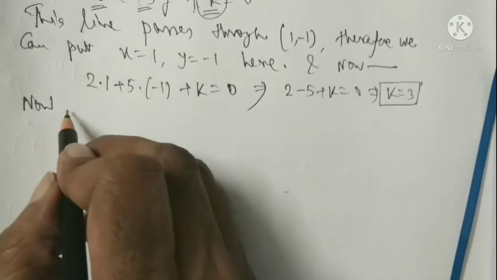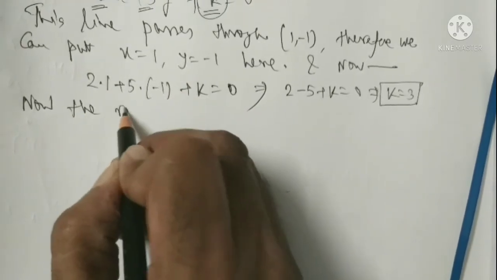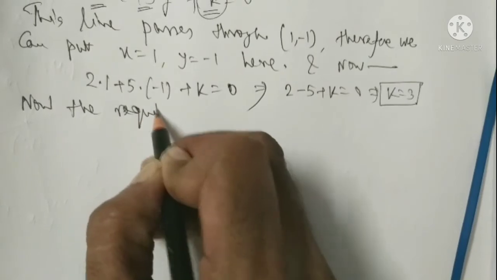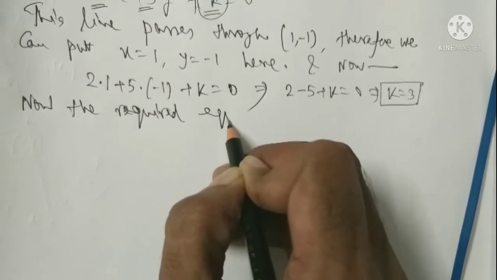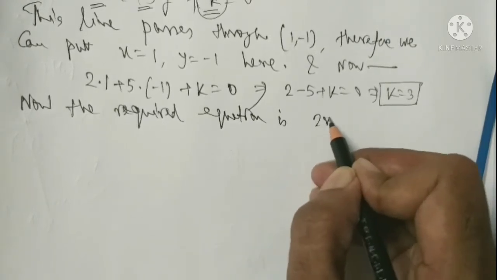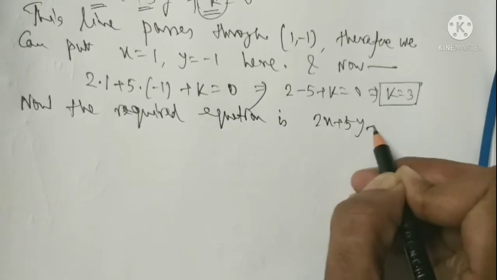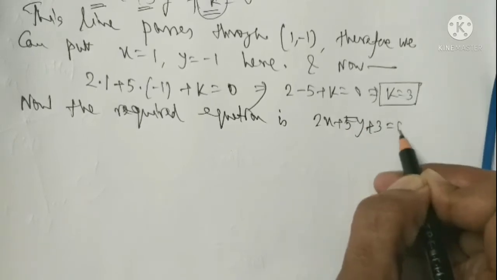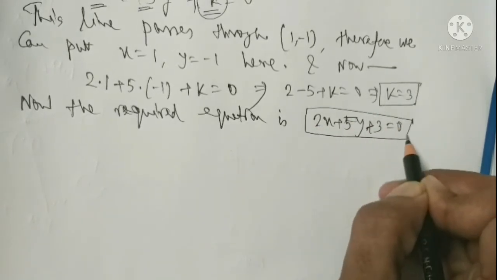Now the required equation is 2x plus 5y plus 3 equals 0. This is our desired equation.